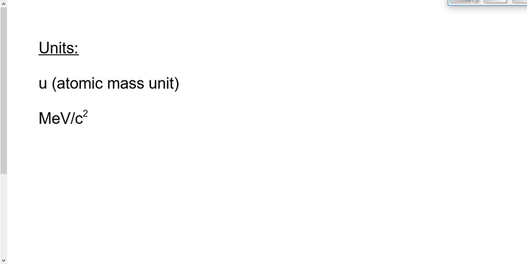It's a unit of mass that's equal to 1/12 the mass of carbon-12. In other words, one atomic mass unit, and this is on our data sheet, is equal to 1.66 times 10 to the minus 27 kilograms. If you ever have to do a calculation given atomic mass units, convert it to kilograms by this conversion factor.